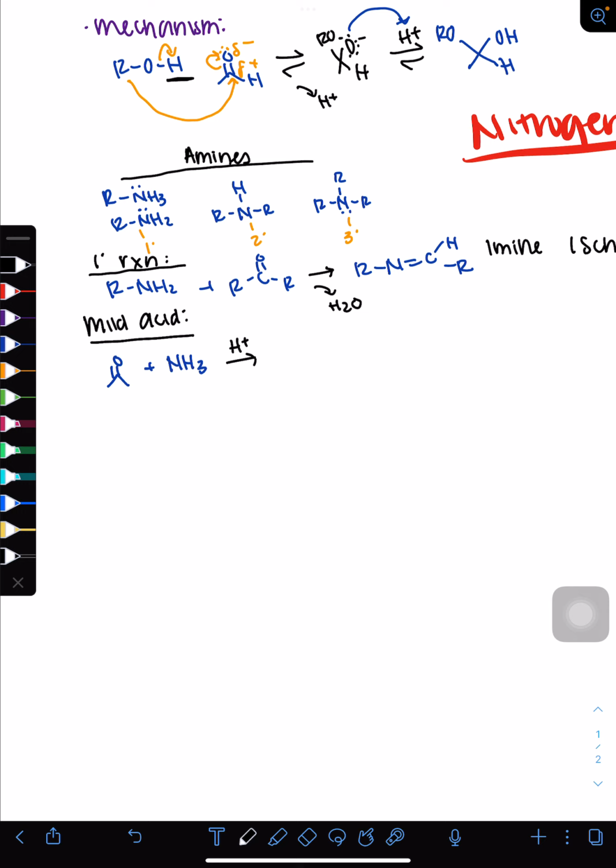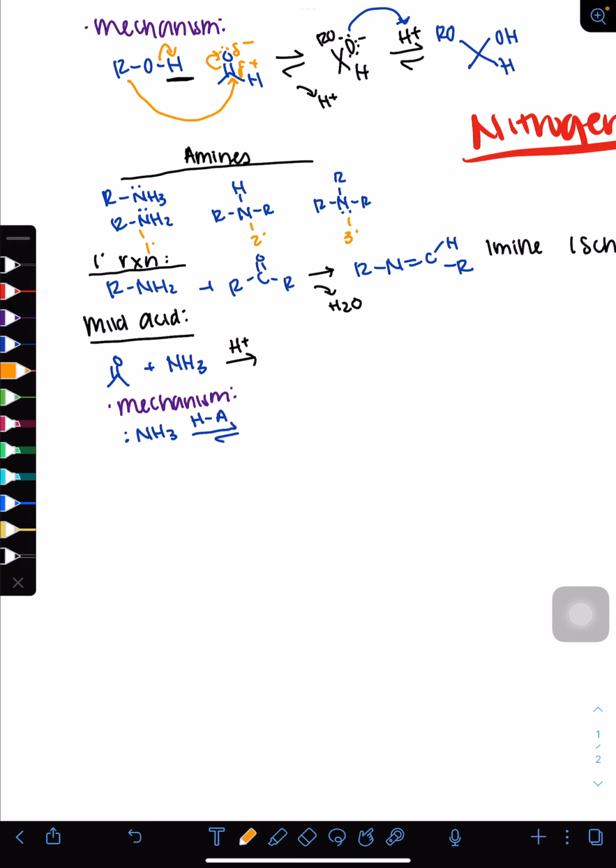We should get something that we're going to figure out using the mechanism. So first, we're going to get the NH3 and react it with hydrogen with an acid, with an HA.